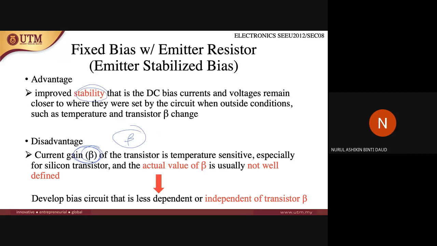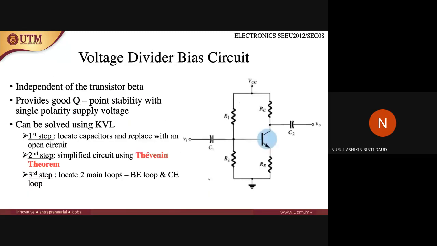We need to develop a bias circuit that is less dependent or independent of transistor beta. So here comes the next circuit, the voltage divider bias circuit.